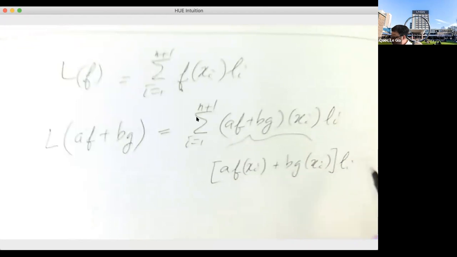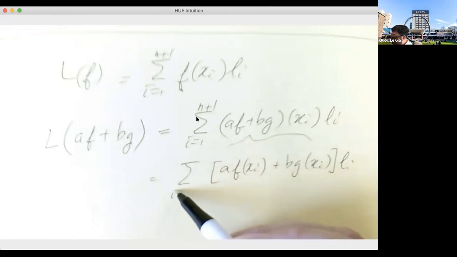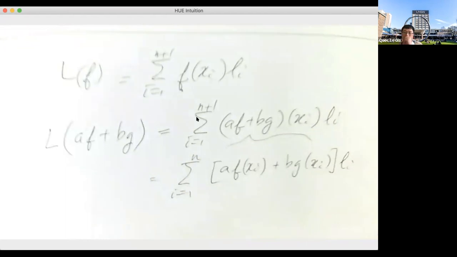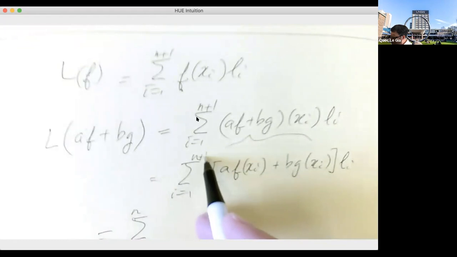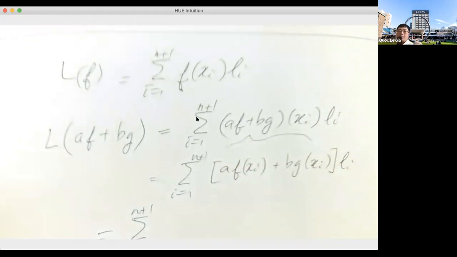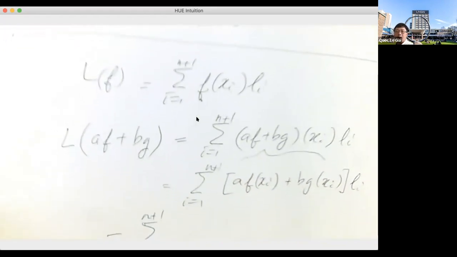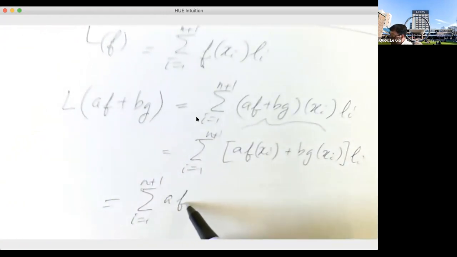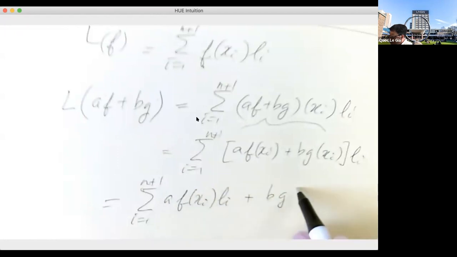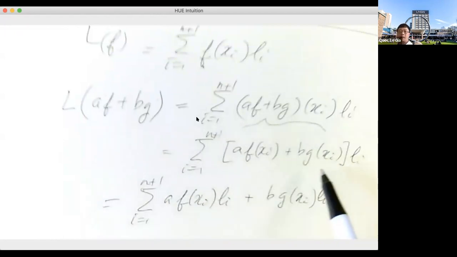Right? So you can write it down like this: sum of Li, i from 1 to n plus 1. Okay. And now I multiply it out, so the sum is still the same, but now I multiply Li inside. So I have af(xi) Li plus bg(xi) Li.